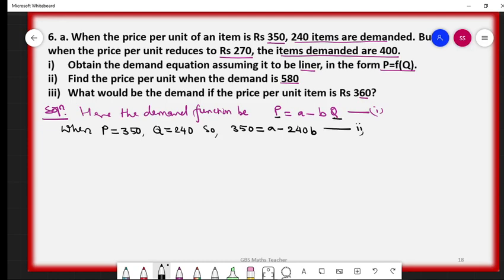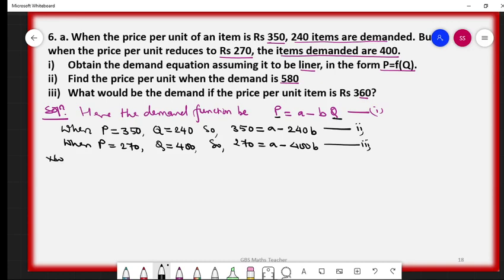The values of Q and P we have substituted here. And when the price is 270, the quantity demanded increases to 400, so the equation becomes 270 equal A minus 400B. This is equation third.